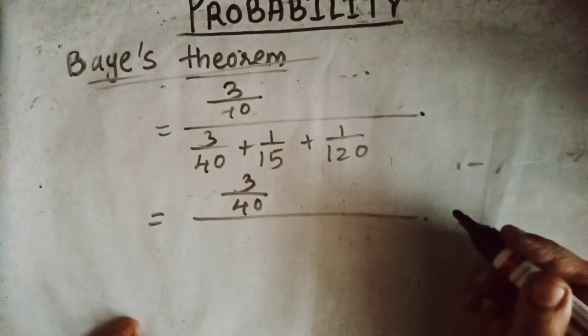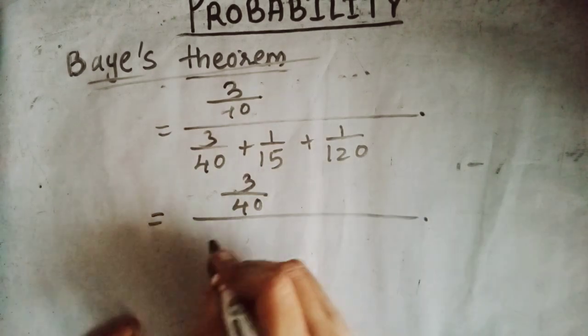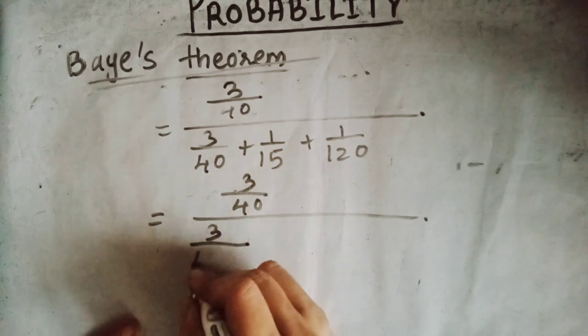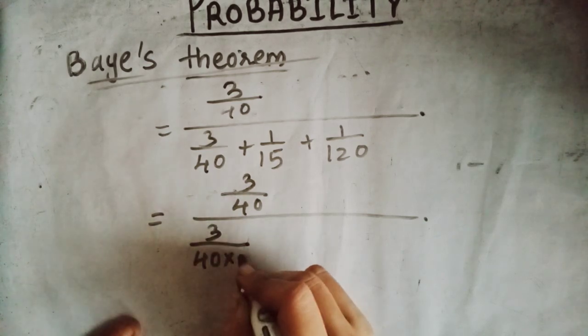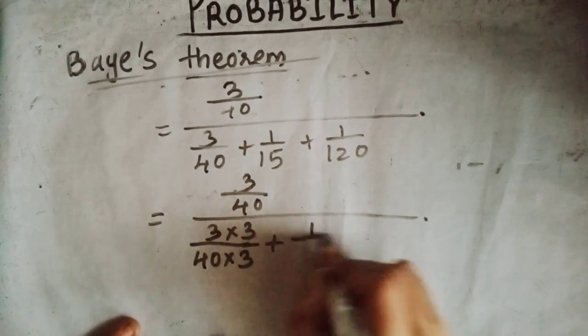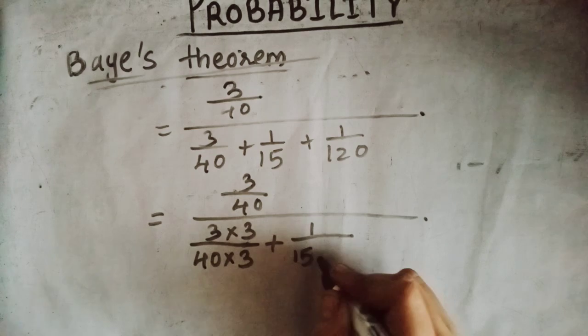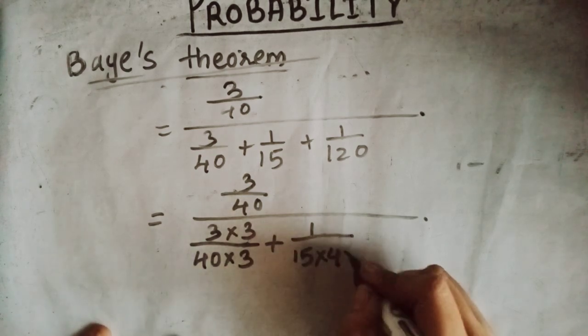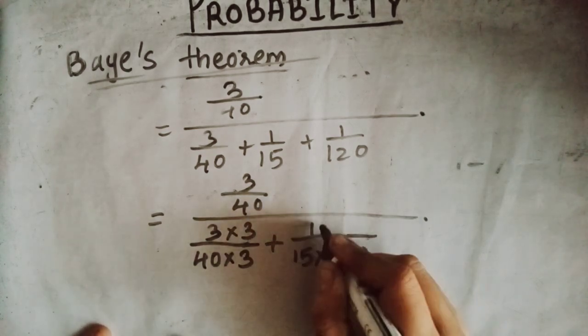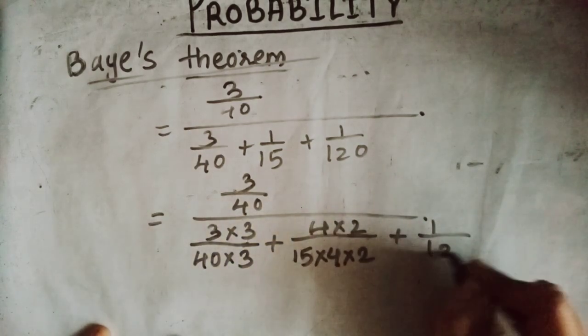Then you can make the denominators the same. 3 into 3 is 9, 15 into 8 is 120, so 8, plus 1 upon 120.